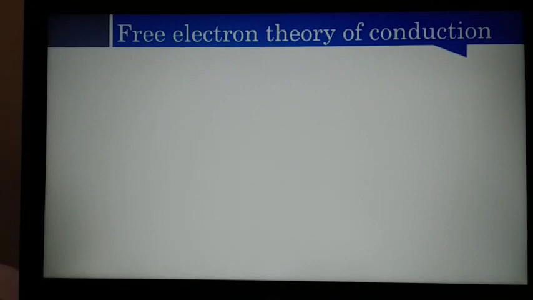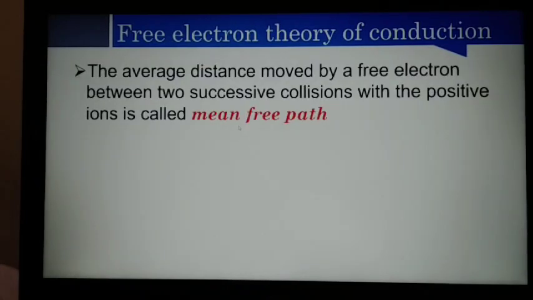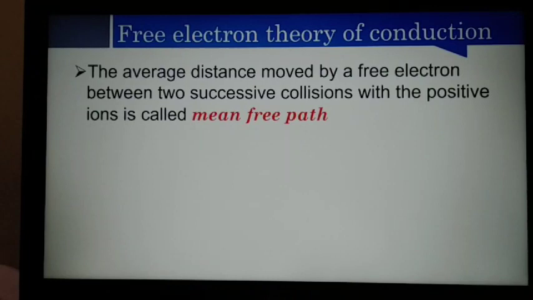In relation with the movement of free electrons through a conductor, we have to define some terms. The first term is mean free path. The average distance moved by free electrons between two successive collisions with positive ions is called the mean free path.